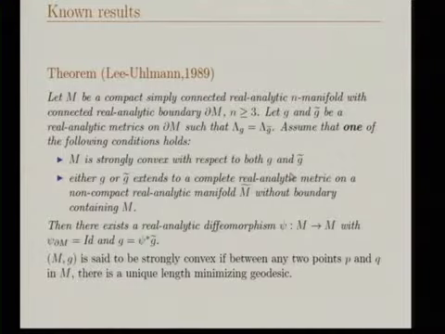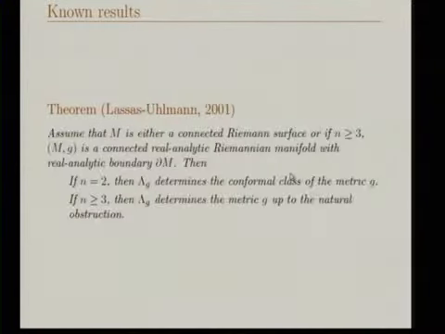And so this was done for 3 dimensions and higher. And Lassas and Uhlmann in 2001 substantially strengthened this, and they also proved this for 2 dimensions. In this case, the assumption as before: M is either a connected Riemann surface for 2 dimensions, and if n is greater than or equal to 3, it's a connected real analytic Riemannian manifold with real analytic boundary dM.